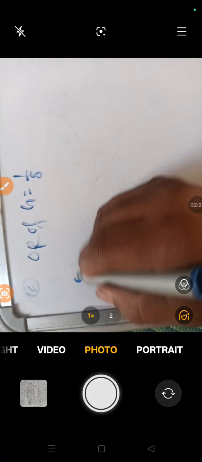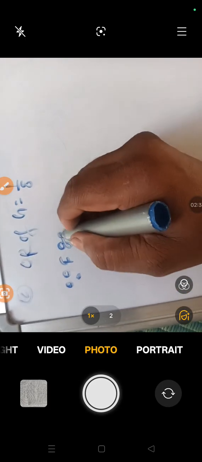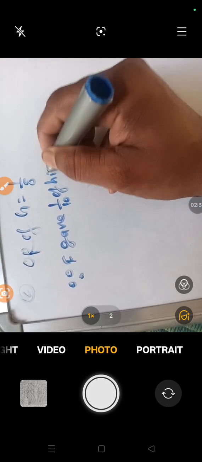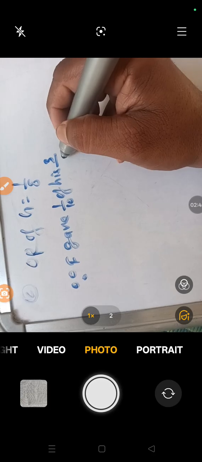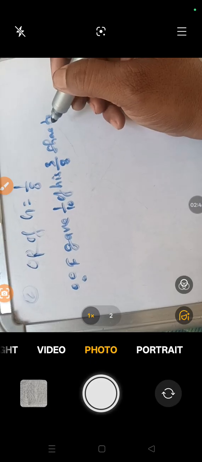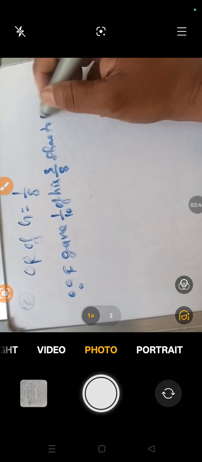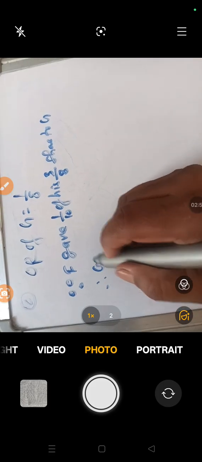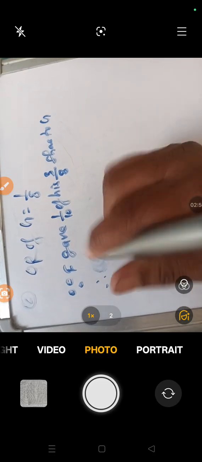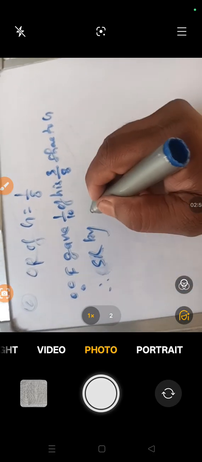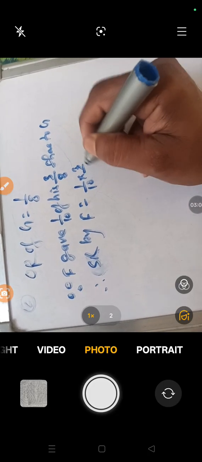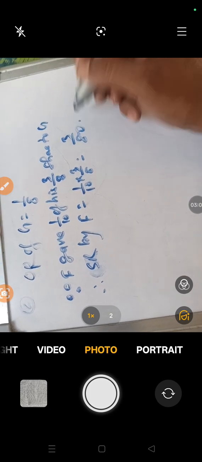Since F gave 1/10 of his 3/8 share to G, therefore SR by F equals 1/10 into 3/8 equals 3/80.